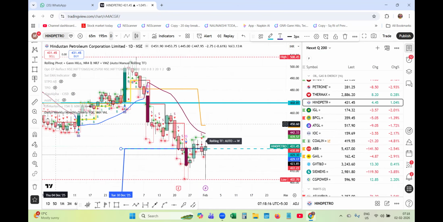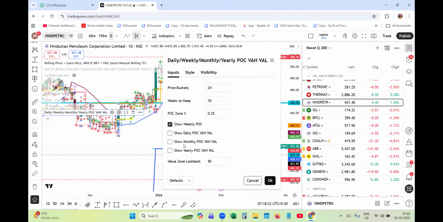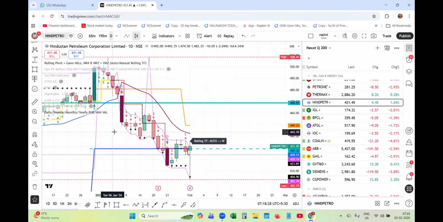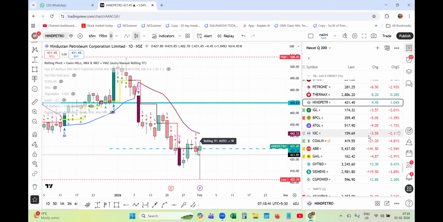Instead of weekly, let us see the yearly point of control, then it can rally. It has taken resistance, it can rally up to 449. We can consider the rally in this.